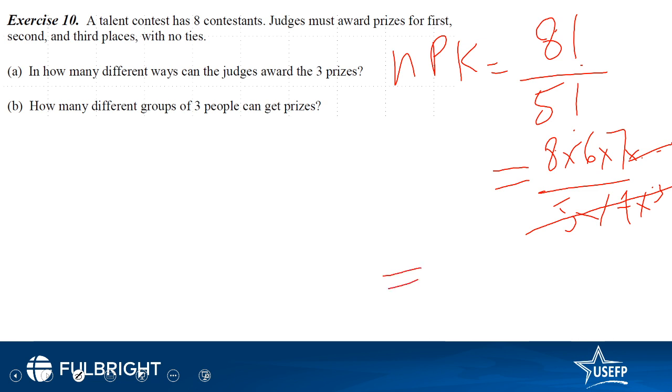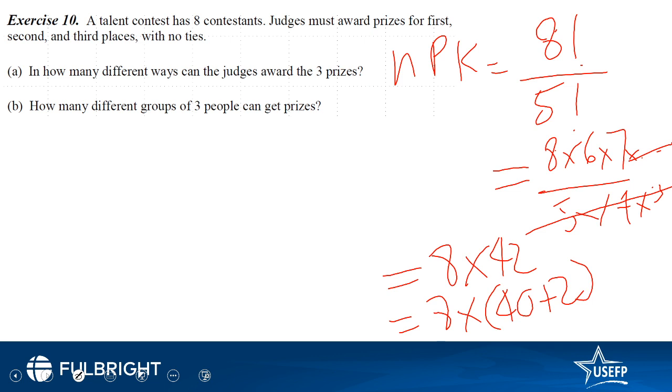That comes out to be 8 into 42. If we break this 40 into 2 components, 320 plus 16, the answer is 336. So this is the number of ways to award the first prize.